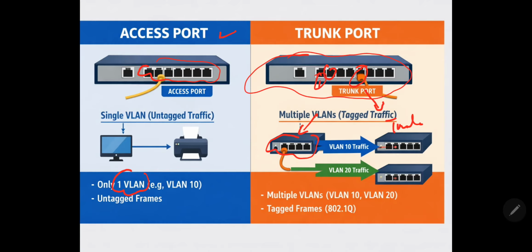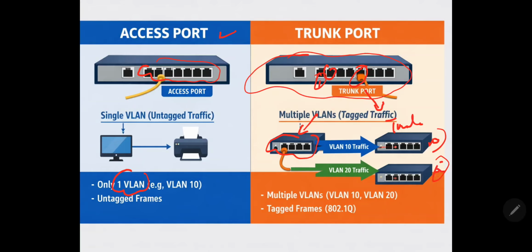Trunk port uses VLAN tagging. Each data frame includes a VLAN ID. For example, VLAN number 10 for this switch and VLAN number 20 for this switch.